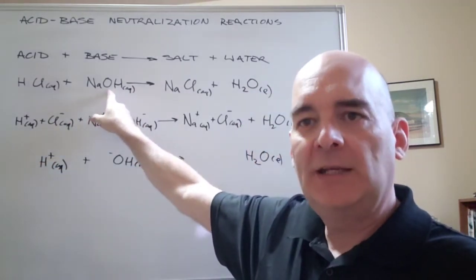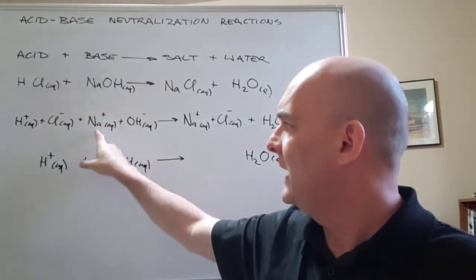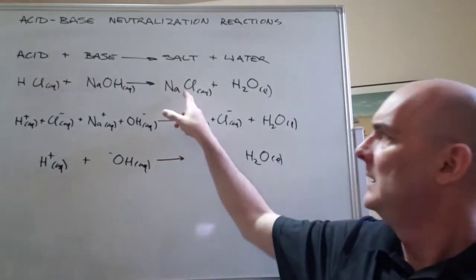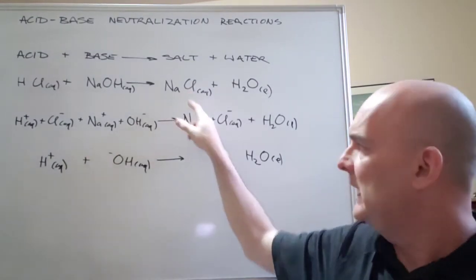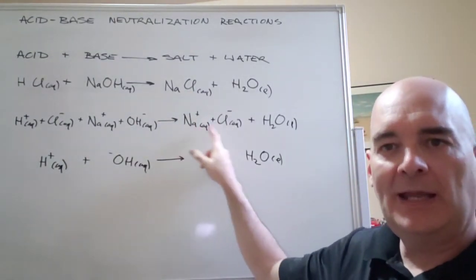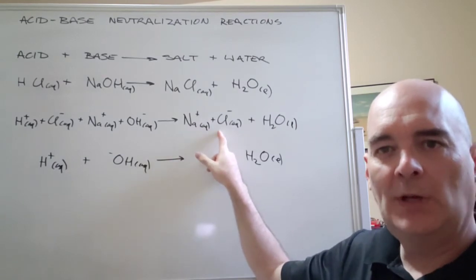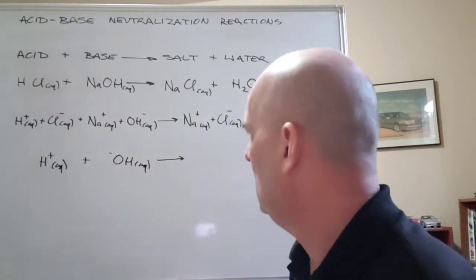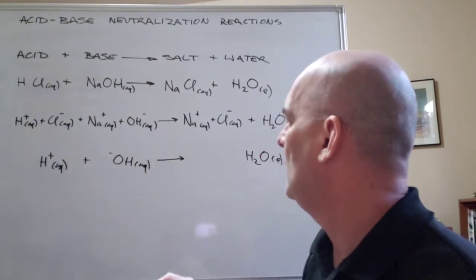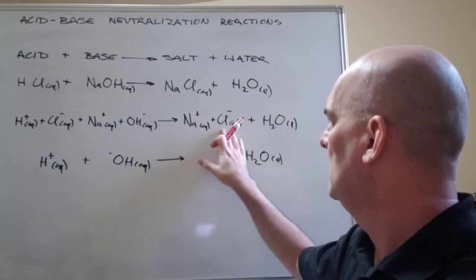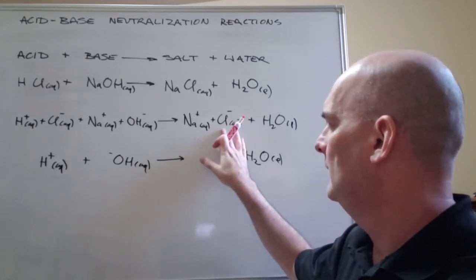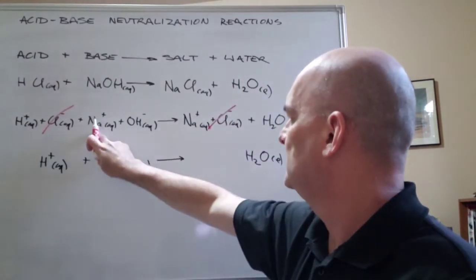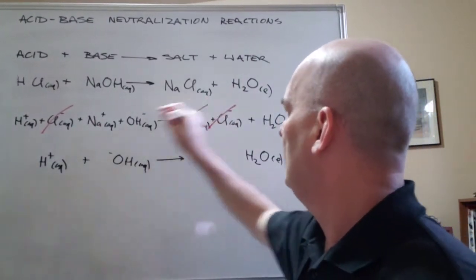The sodium hydroxide is a strong electrolyte and has separated into Na plus and OH minus. The salt that I have generated is a strong electrolyte and has separated into its component ions. But water is a covalent molecule. And when I look to get rid of the spectator ions, I have a chloride here and a chloride there. They can go. And I have a sodium here and a sodium there.